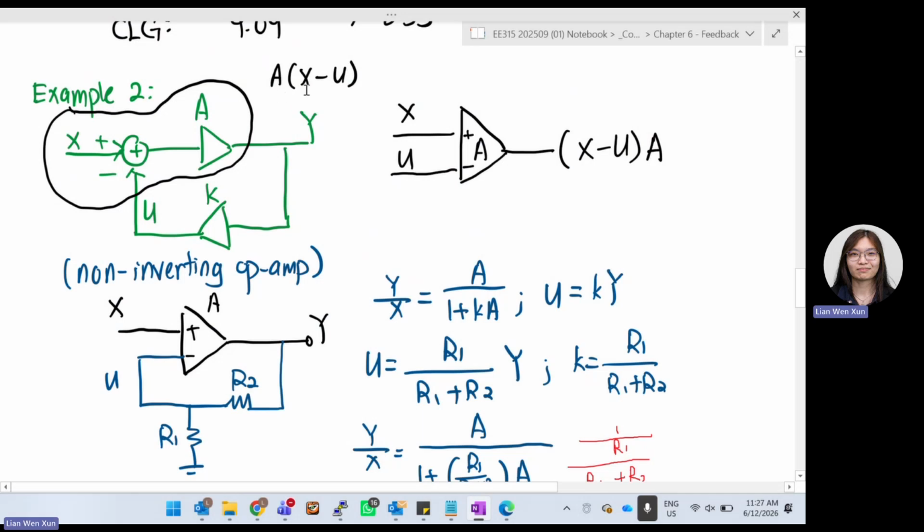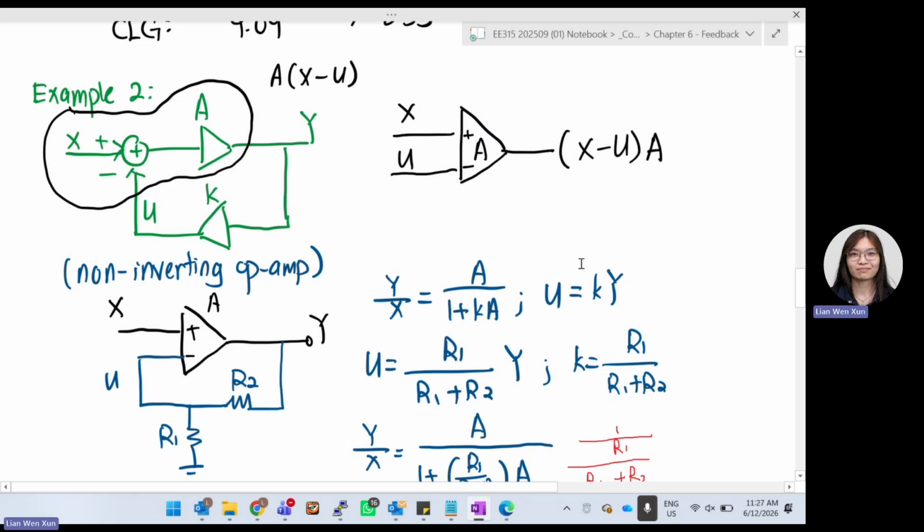What exactly is A times (x minus u)? Basically, it's a gain, but it amplifies the difference between two parts. So this looks exactly like the differential amplifier that we probably learned in instrumentation, year 2, year 3. So this is exactly your differential amplifier from this block itself. We can actually convert it into a non-inverting amplifier.